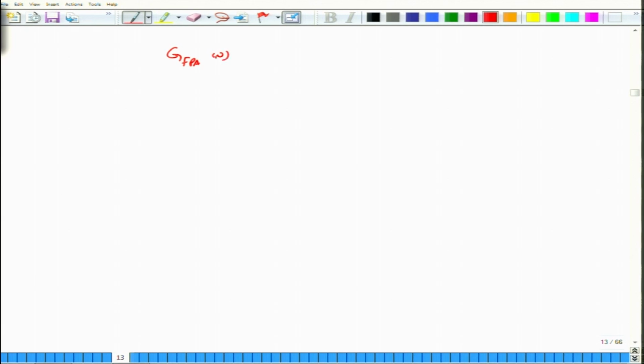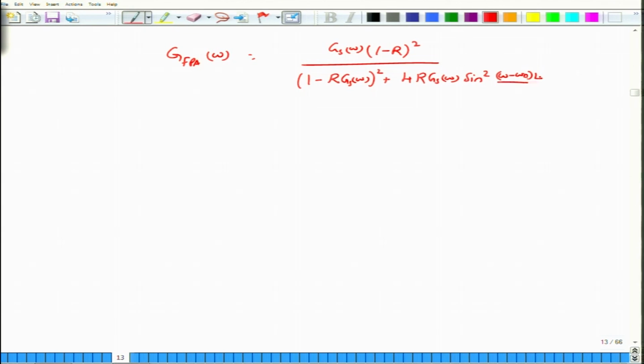If you are interested in the expression for that gain as a function of frequency, you may see that this will be given by Gs of omega, where Gs of omega is the line shape function of the basic lasing material, whatever the laser active gain material that you have used, times 1 minus R Gs of omega, square, plus 4 R Gs of omega sine squared of omega minus omega 0 into n by V. Okay.